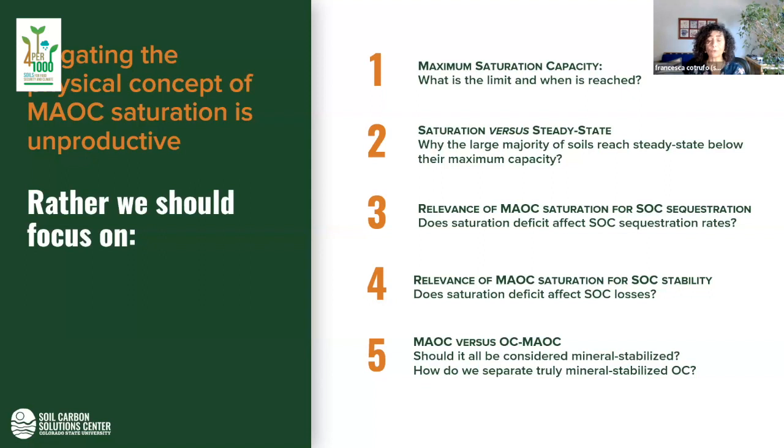The other thing that we want to really stress, because, for example, that's what we observed in Europe, is that the large majority of soils actually reach steady state before capacity. And that is very relevant and very important to carbon sequestration, and we should understand why that is. Finally, for the soils that are close to capacity, we need to understand how that affects their rate of further acquisition, but also the rate of loss of carbon, because with the 4 per mille and other initiatives, we want to accumulate carbon in soil, but we want to accumulate carbon that persists in soil.